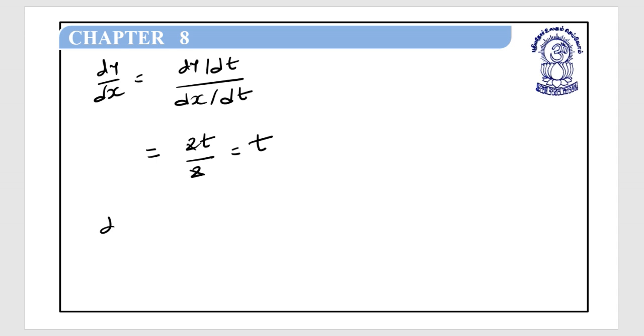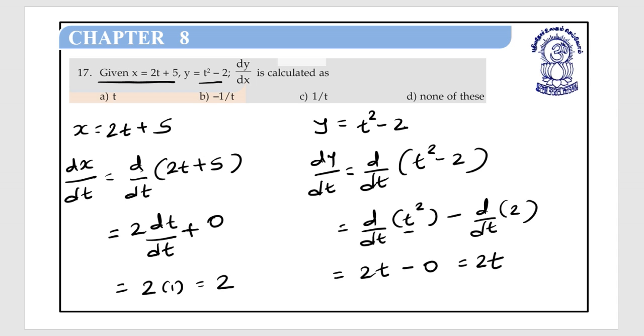So dy by dx is equal to t. Check the options: option A is the answer for question number 17. Okay, now the next question, question number 18.